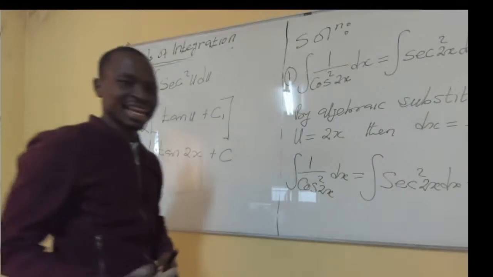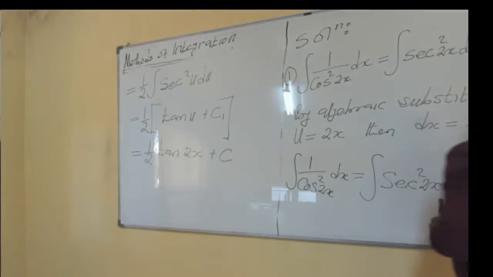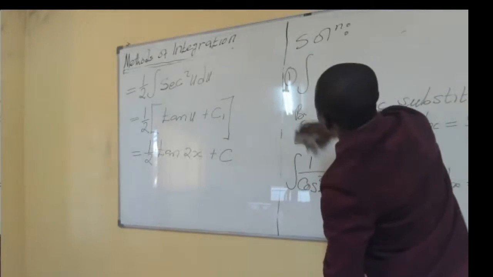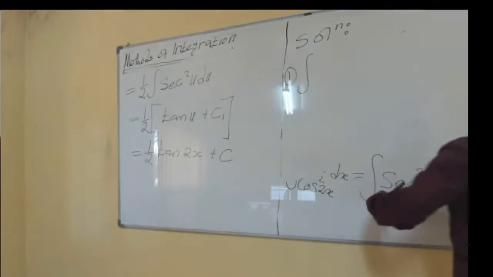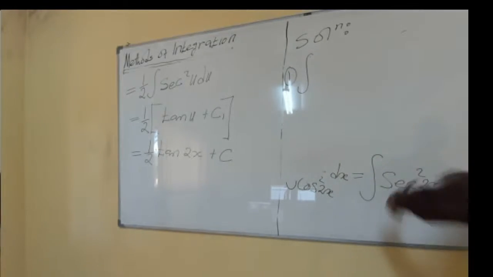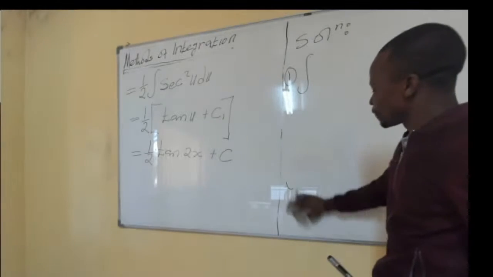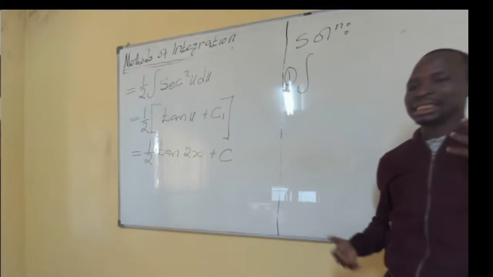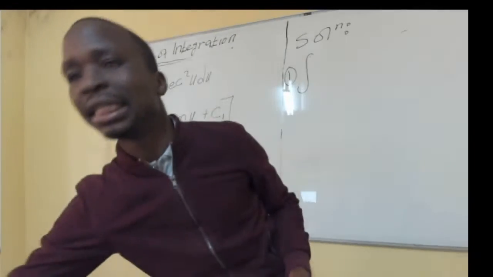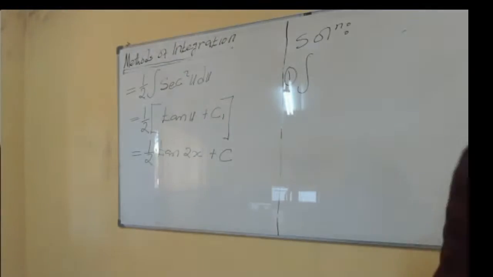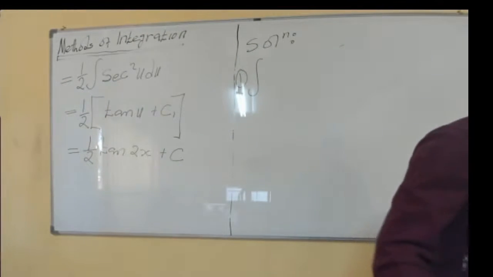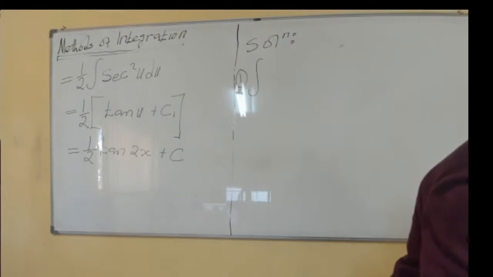Now let's go to the second part. So here, the kind of substitution that you are doing, the kind of ideas that you are employing, is the idea of trigonometric identities. So this is the idea that you are employing in solving the question.